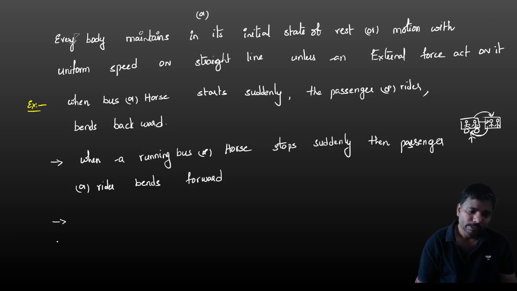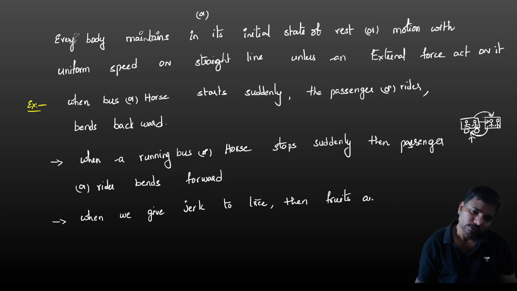And one more thing. When we give a jerk to a tree, fruits fall down due to inertia of rest. Very important question.